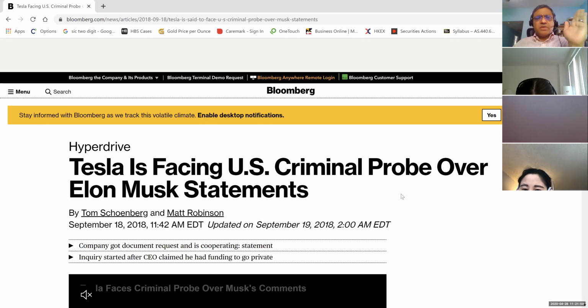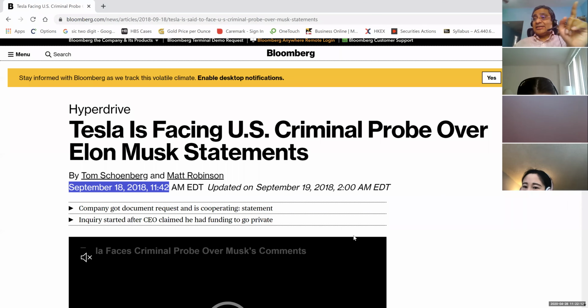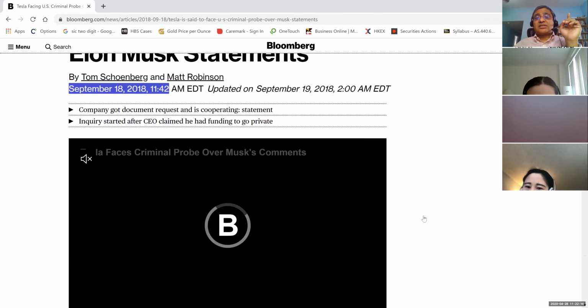It was a major announcement. Now look at the date and time: September 18th, 2018, 11:42 a.m. The news report came out that Tesla, the company, is facing a U.S. criminal probe about Elon Musk's statements.